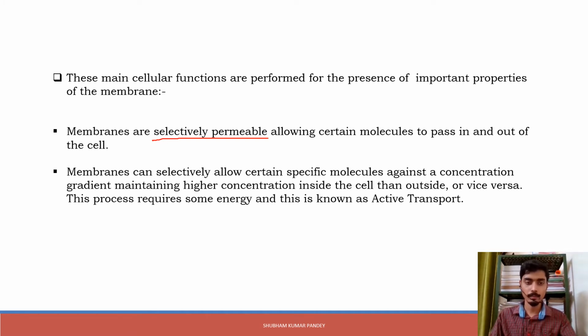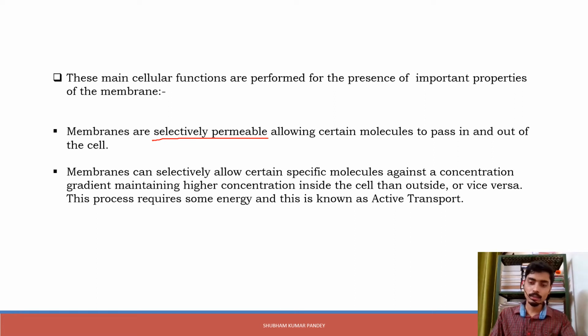Membranes can selectively allow certain specific molecules against a concentration gradient, maintaining a higher concentration inside the cell than outside, or vice versa. Depending on the concentration gradient, the cell membrane permeability changes. Now, the process that requires energy is known as active transport.